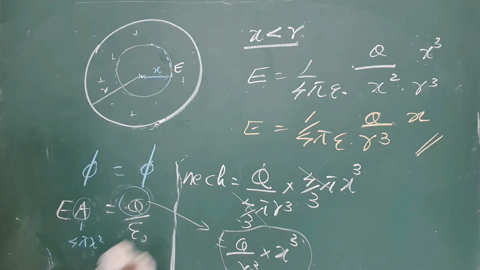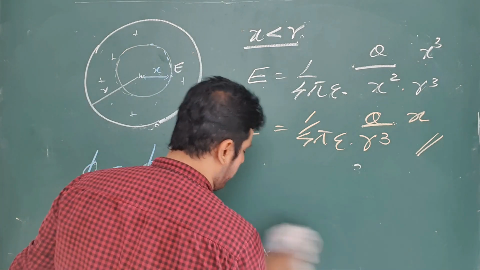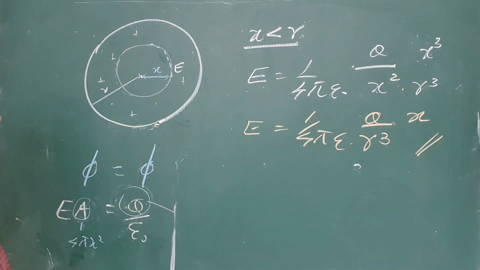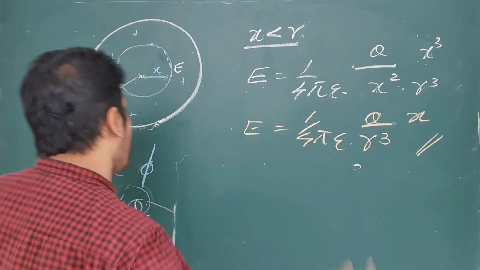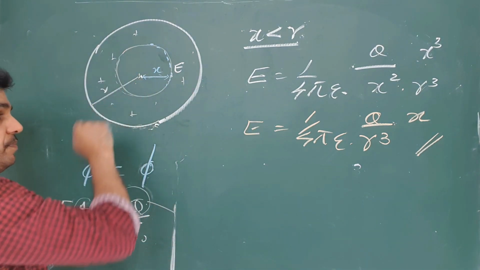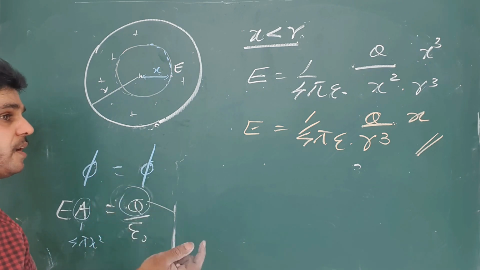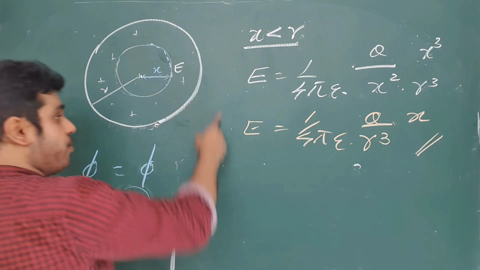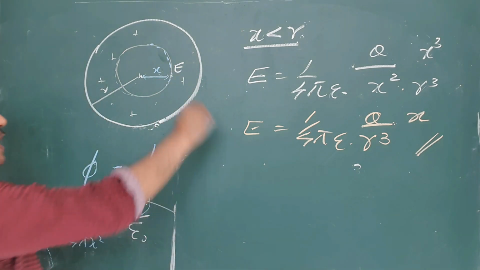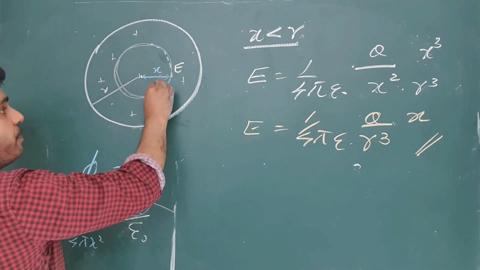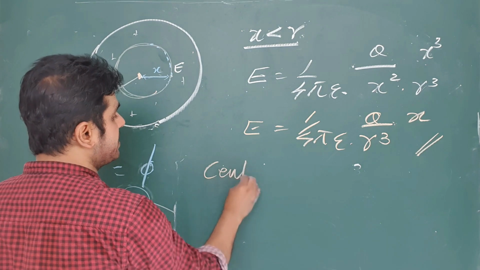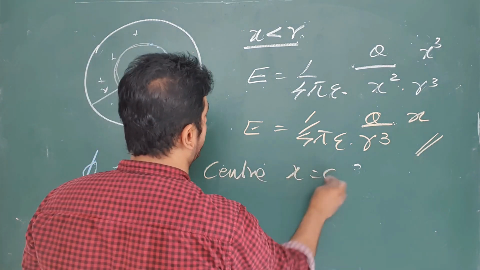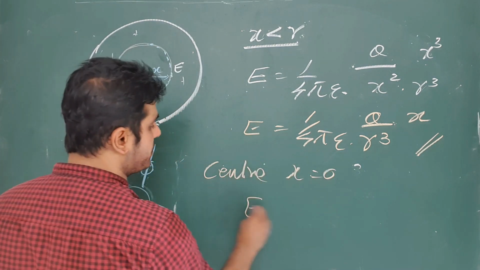So this is very important, because if it is a conducting sphere at the center, everyone knows that E limits to infinity. But if it is a dielectric media, at the center x becomes 0. At that time E becomes 0.